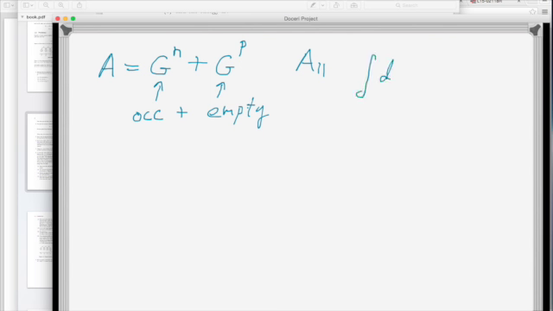If I do this integral, integral dE over 2 pi A11 of E, because our basis is one orbital per site, then we said show that this is equal to 1. And this is basically telling you the total number of states on each site is 1. That's telling you there's one orbital per site.